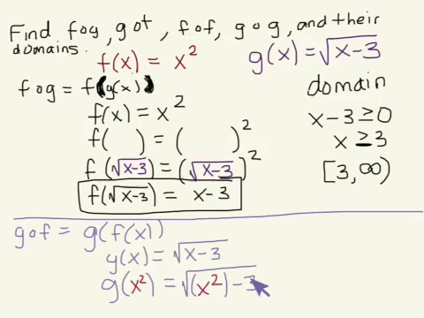We have to also pay attention to the domain of our result. So since it's radical, just like we did before, whatever's under your radical sign has to be greater than or equal to 0. So we take x squared minus 3 and set that greater than or equal to 0. We have to remember from our section 1.6 how to solve quadratic inequalities.